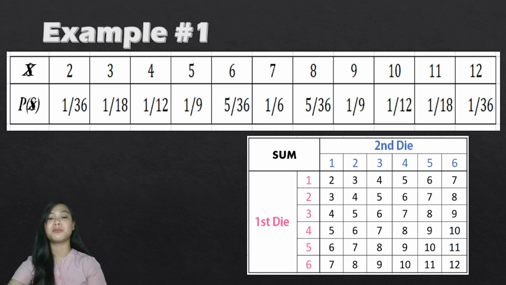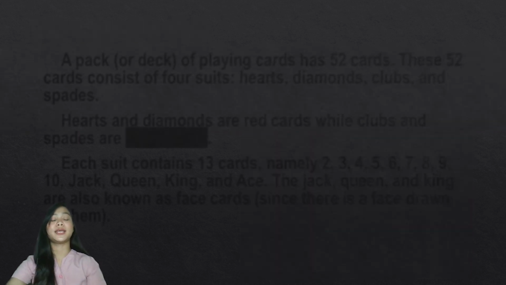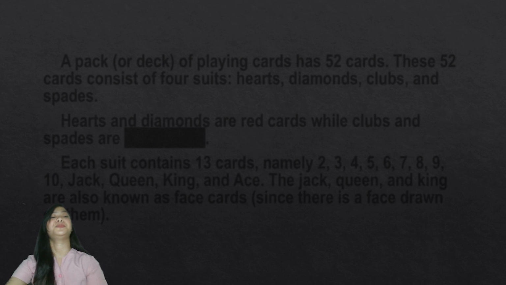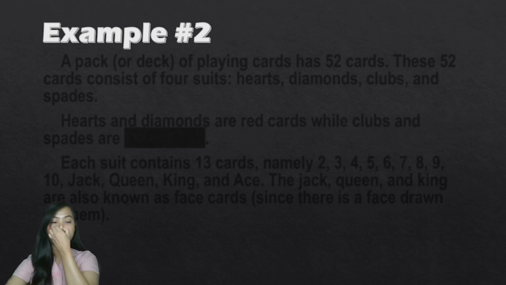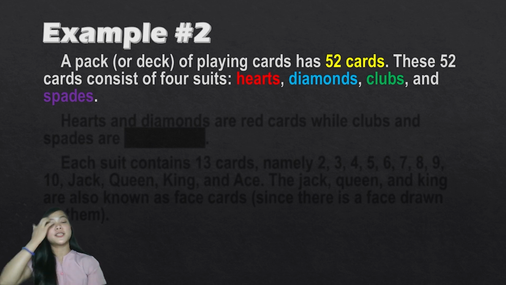So this is the probability distribution of the random variable x, wherein x is the sum obtained from rolling 2 dice. Now, for the second example, let's have another problem. Here, we are dealing with cards, a deck of playing cards.